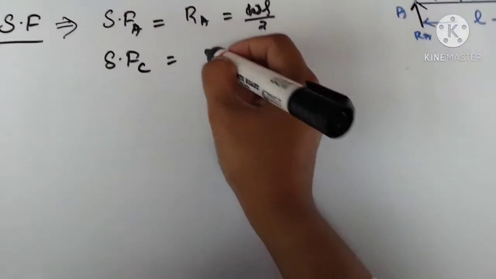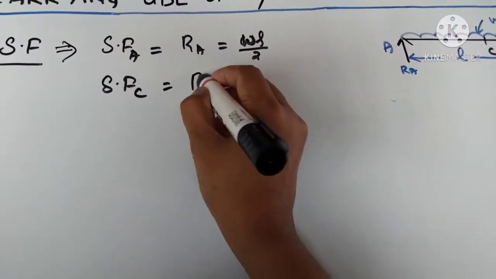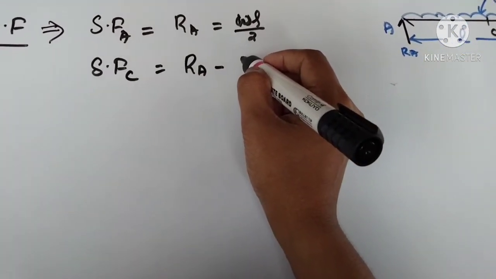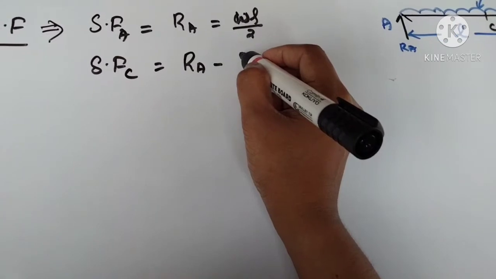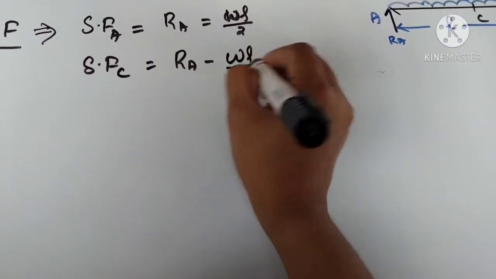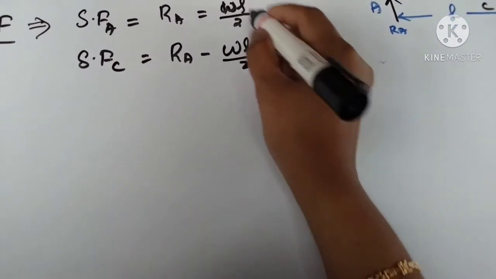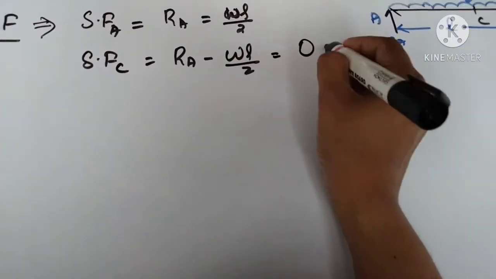Shear force at C will be RA minus W into L by 2, that is the effective load here. So RA is again WL by 2, so it is 0.